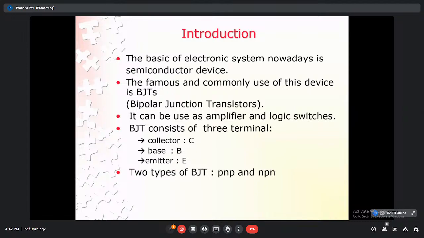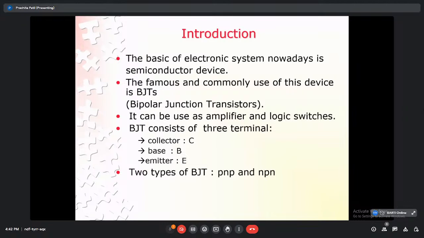There are different electronic devices. The most famous and commonly used of these is the bipolar junction transistor. As I have discussed, the bipolar junction transistor is most important because the process of amplification can take place only with the help of the transistor, and for amplification the transistor plays a very vital role.